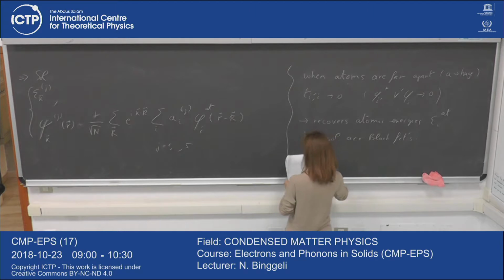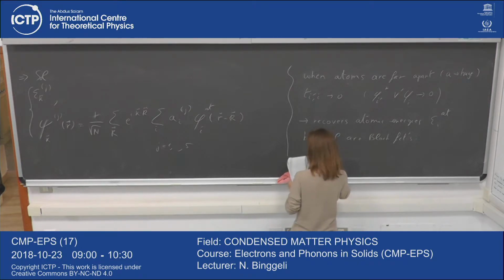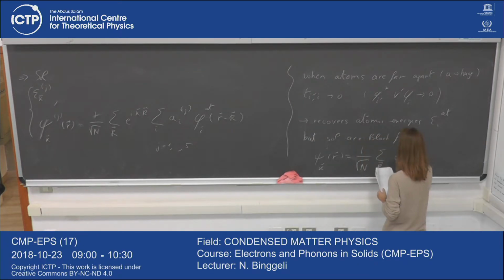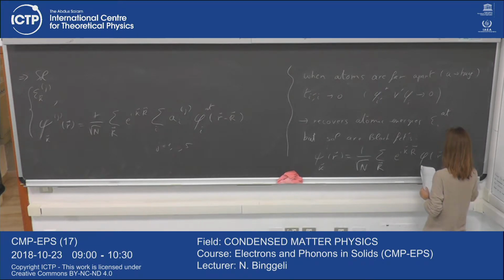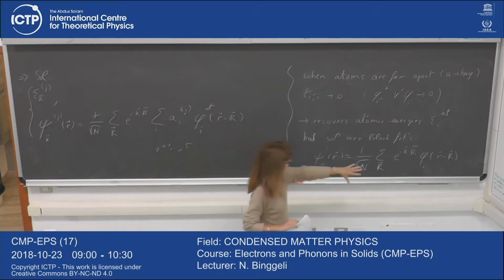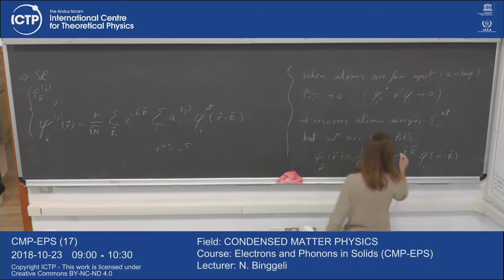That is phi k of R is equal to 1 over N, the sum over the lattice vector R, exponential i k R, phi I of r minus capital R. So the eigenvalues are the atomic energy, but the eigenvectors are written as linear combinations of the atomic orbitals because they need to be Bloch states, and they are in this form which satisfies Bloch's theorem.